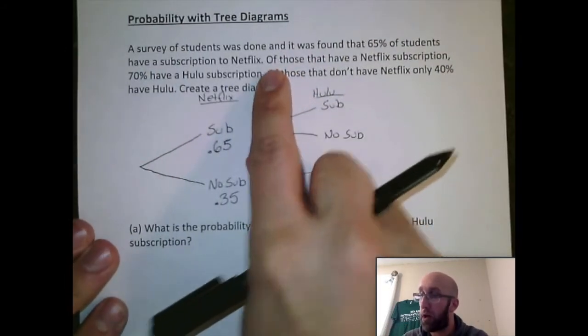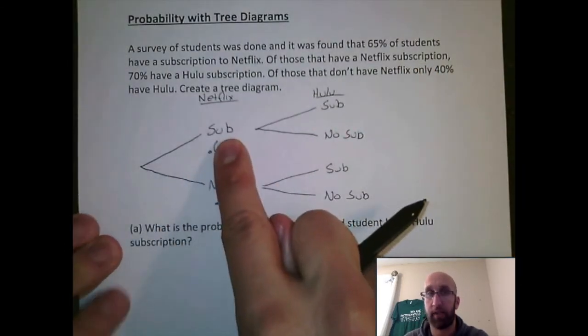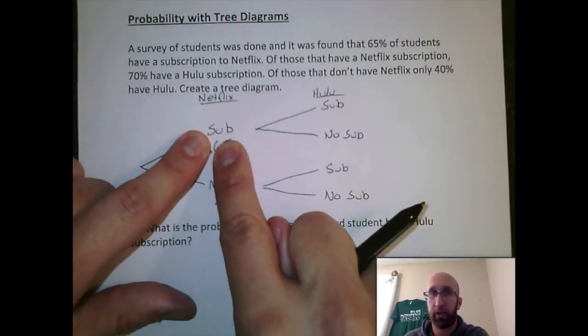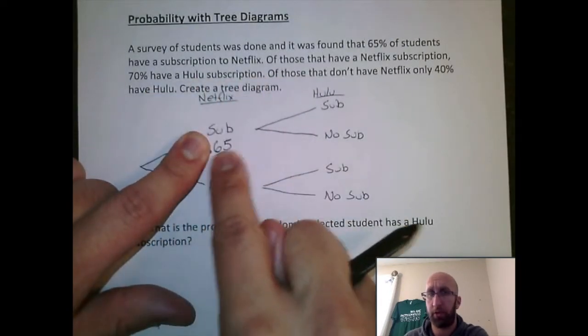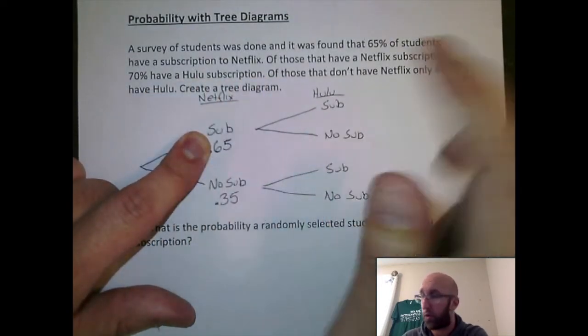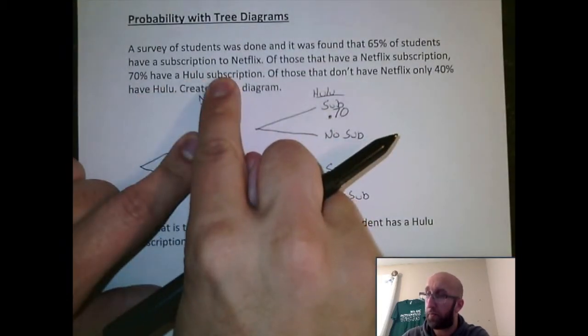Back to our problem. Of those that have a Netflix subscription, so we already know we're traveling down the Netflix branch, 70% have a Hulu subscription. So we're already down Netflix, go to Hulu, should be 0.70 for Hulu.